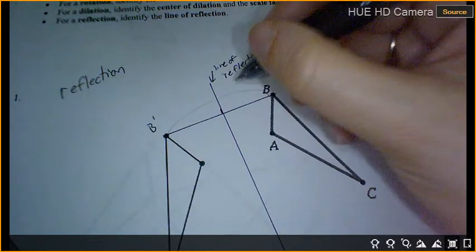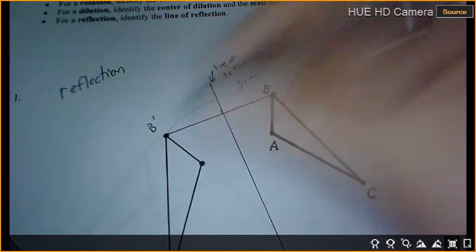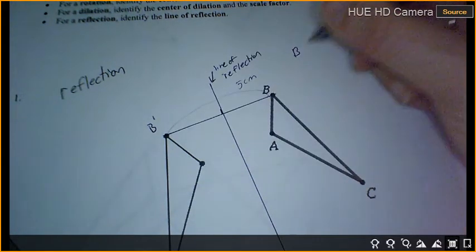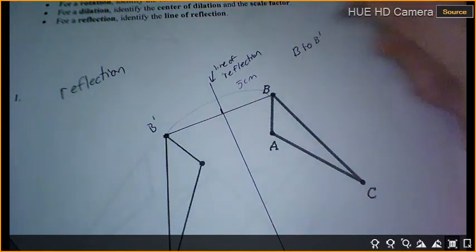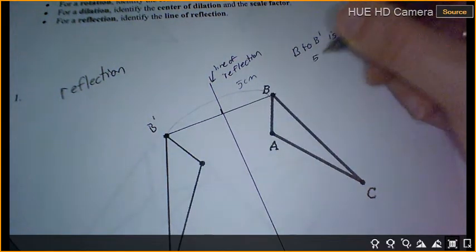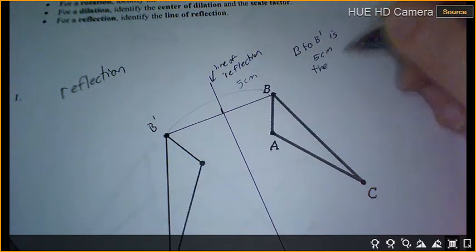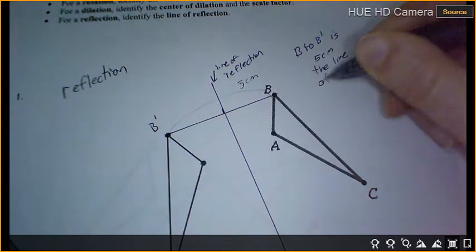This is 5 centimeters from B to B image. I'm going to just write this down. B to B image is 5 centimeters. The line of reflection is in the middle.